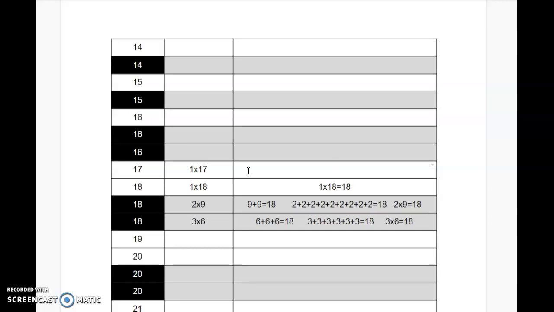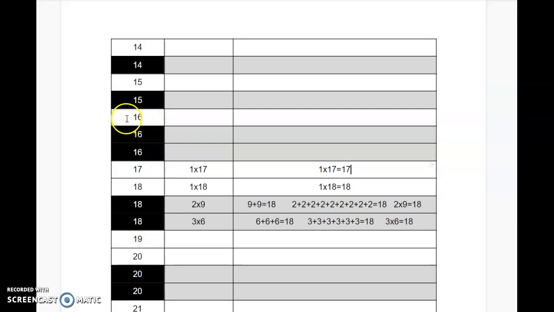Show a connection if you're thinking 1 times 17 equals 17. Yeah, that's really good thinking. One row of 17 tiles still equals 17. All right, let's look at our next one.